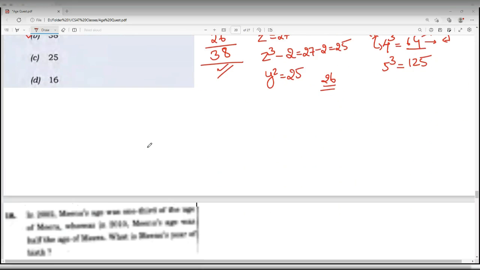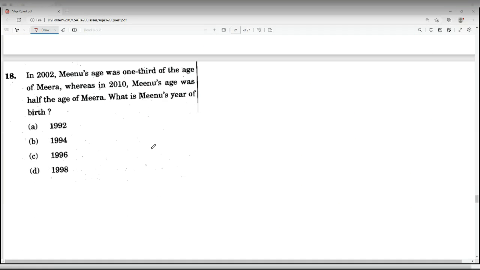I'll give you 3 minutes to solve this question. So what they've given is, in 2002, Meenu's age was 1/3 of the age of Meera, whereas in 2010, Meenu's age was half the age of Meera. What is Meenu's year of birth? So we need to find out Meenu's birth year.